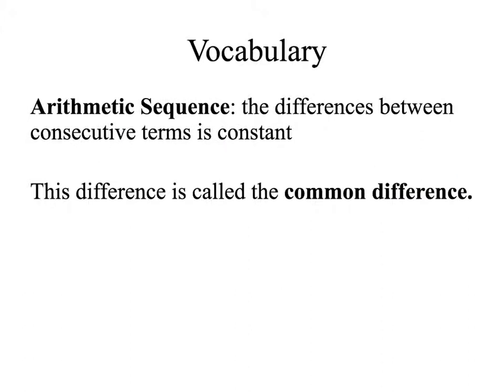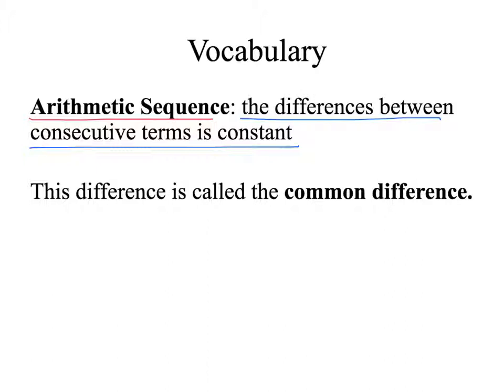Okay, a little bit more vocabulary. Those things that we just did were both called arithmetic sequences because the difference between consecutive terms is constant. If you're adding on the same number each time, that's constant. So either adding or subtracting.